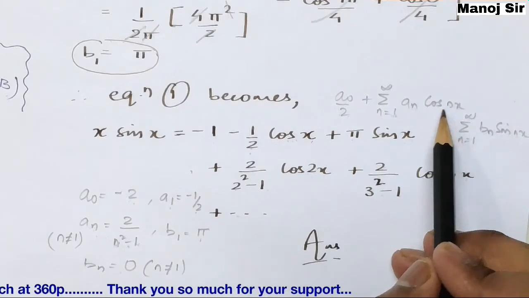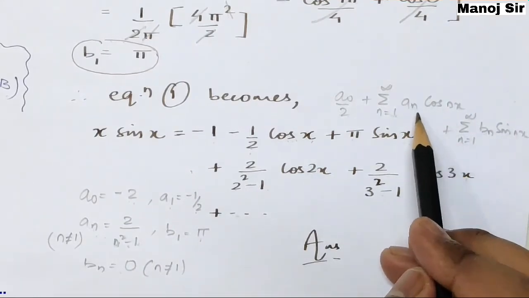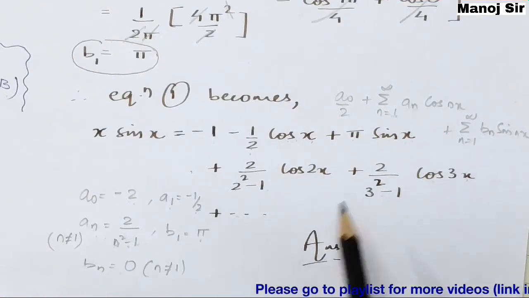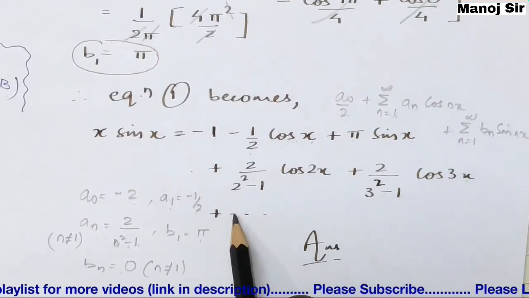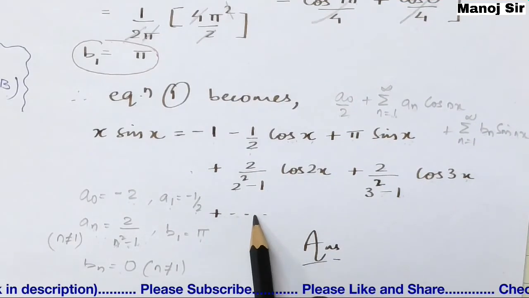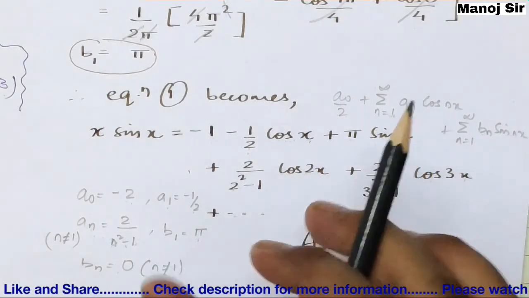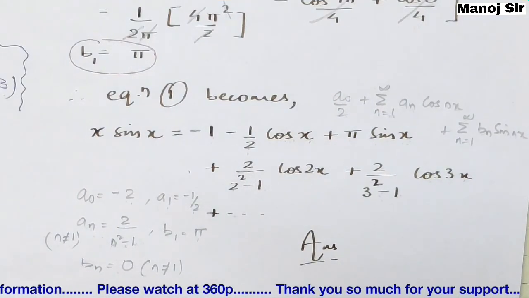Now again, if you put n equals to 3, then this is going to be 2 upon 3 square minus 1 into cos 3x, plus dot dot dot. Don't forget to write this dot dot dot, and this is the final Fourier series of this function, that is x into sin x. Yes, thank you so much.